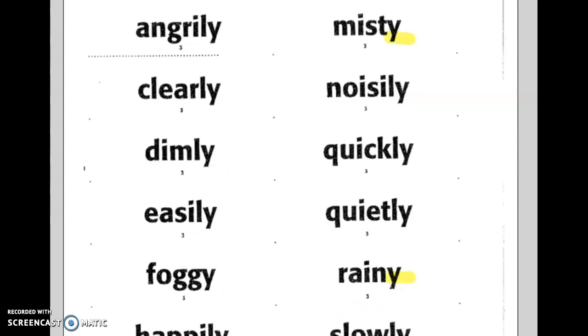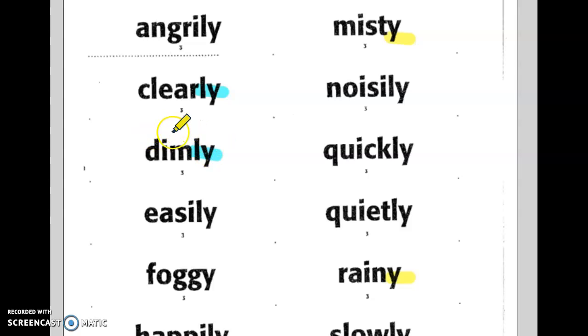Next, we are going to look for root or base words that have the suffix ly added to the end. For example, clear is the root or base word. It ends with the suffix ly. We are going to use our blue highlighter to mark these words. Another example would be dimly.